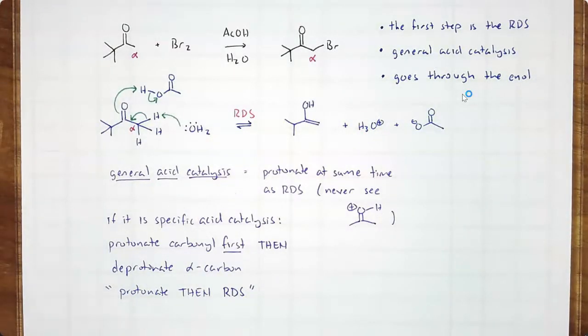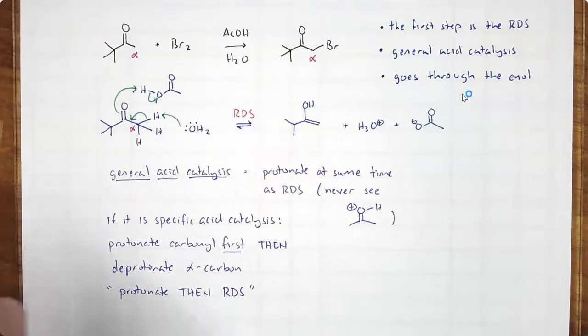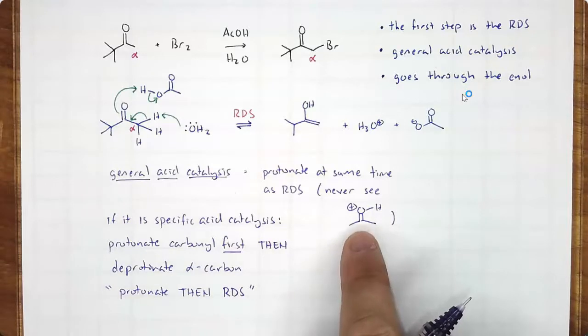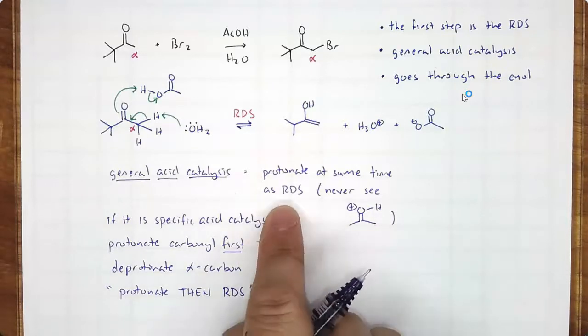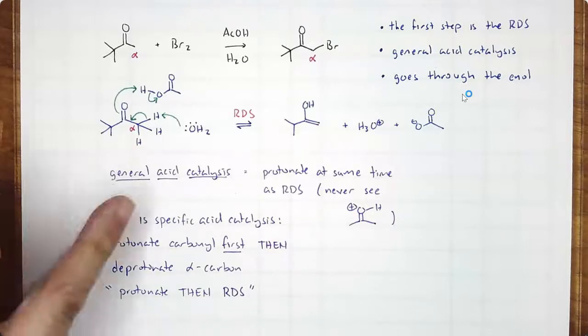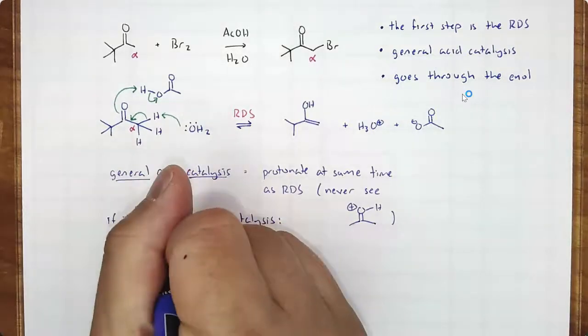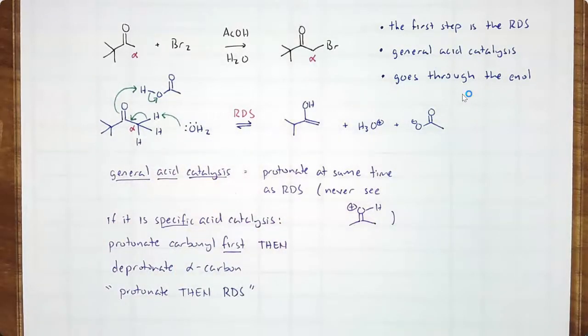Because the rate determining step happens at the same time as the protonation, we actually never see the protonated carbonyl. Again, general acid catalysis, protonation happens at the same time as the rate determining step. Specific, separately. Okay, I don't want to belabor the point.